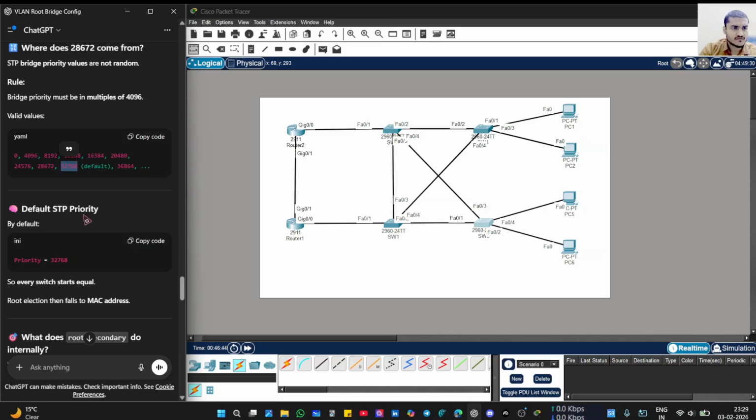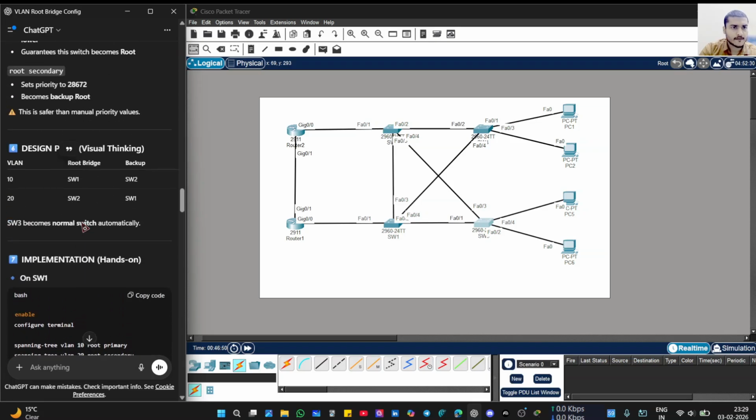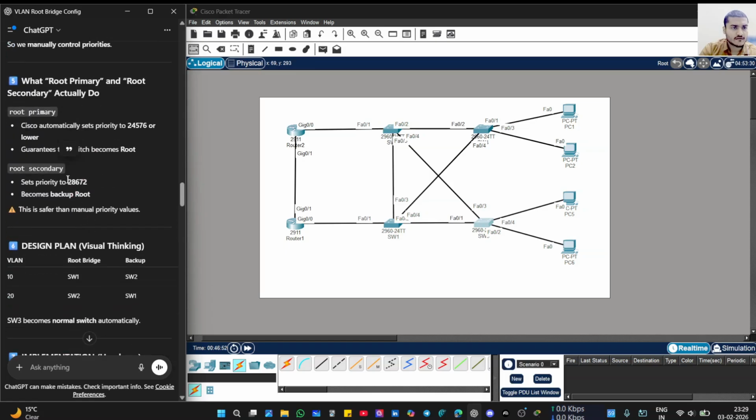We have to go with the default, right? Okay, as you can see, as I told, 4096. If I add 4096 to this value, that will become this value, right? This is the thing that is being talked about, I was just roaming around all of this.